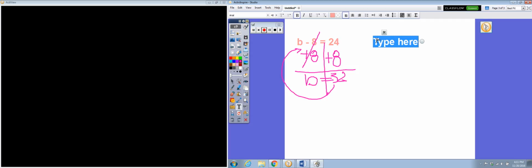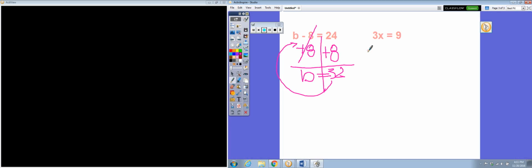Okay, another problem is when we see a coefficient and a variable, those are together by multiplication. So you don't have to write a multiplication sign in between them, it's just understood. Therefore, if I see multiplication, the opposite is division. So I'm going to take 3x equals 9 and divide by 3.